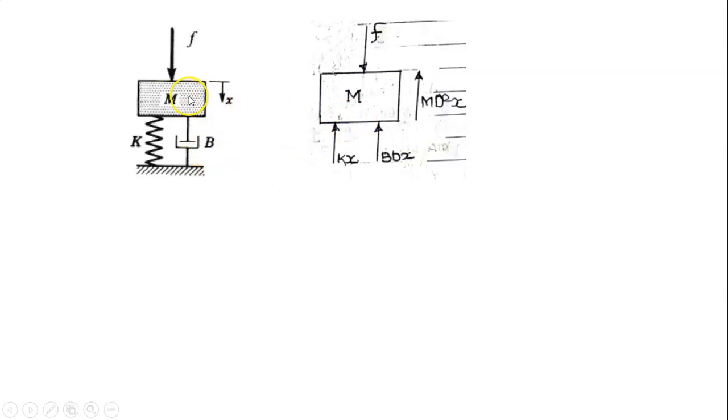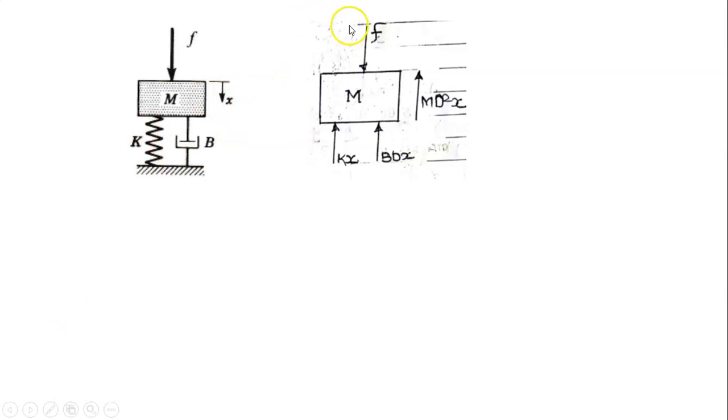And since this mass m is going to move in the downward direction because of this force F, accelerating force will act on this mass m. We know that accelerating force F is equal to ma. Therefore a means d2x upon dt square. Therefore m acceleration is equal to md square x.